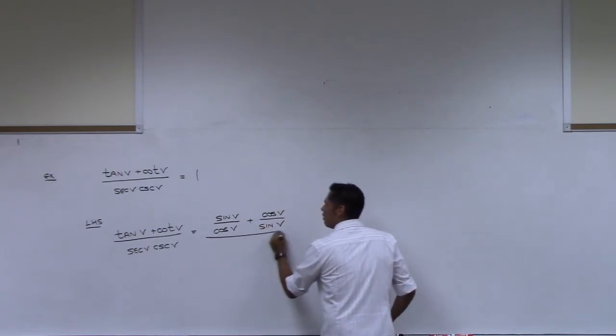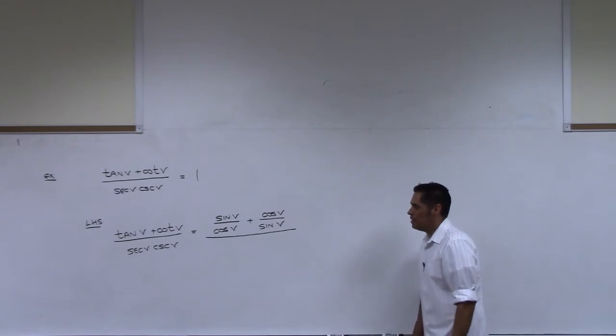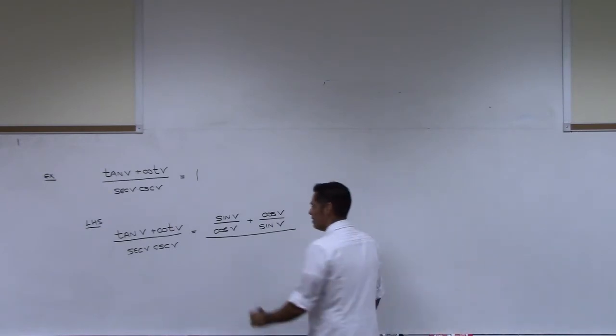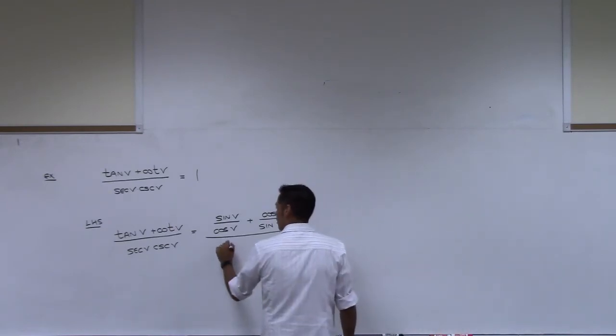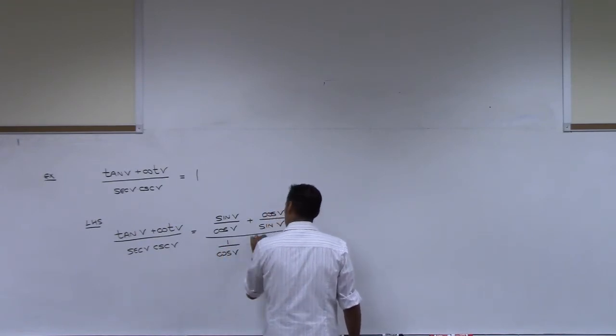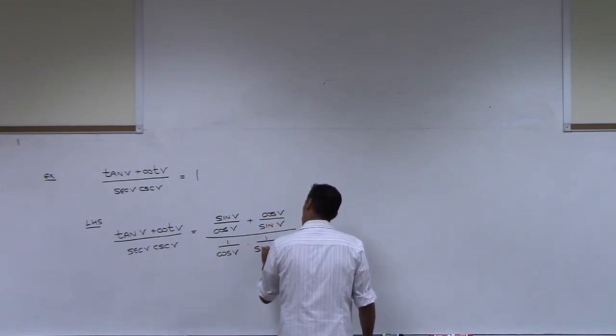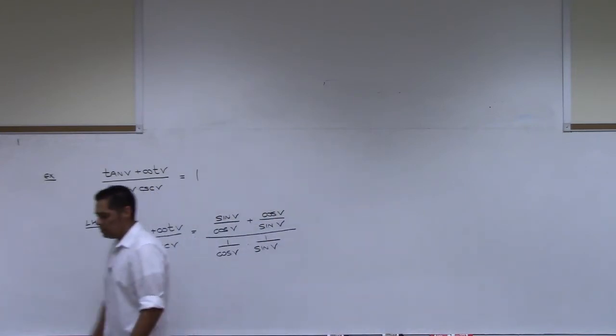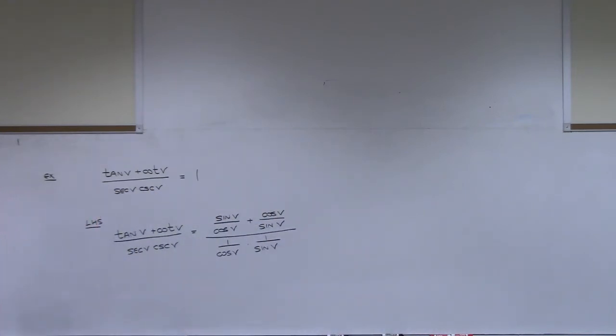Okay, that's the numerator rewritten, right? The denominator rewritten, you want me to do denominator in terms of cosine and sine also? I'll do that. 1 over cosine v times 1 over sine v. That's what secant times cosecant is. So now I'm willing to do the common denominator because I see two fractions on top.